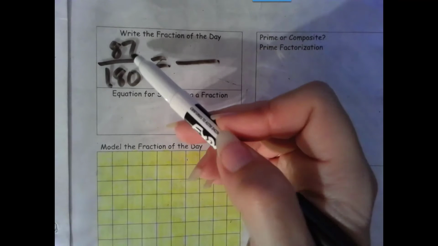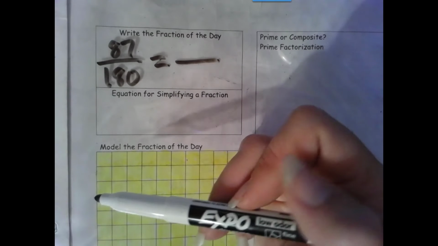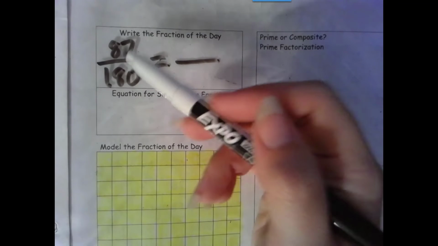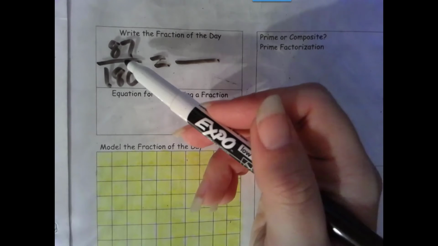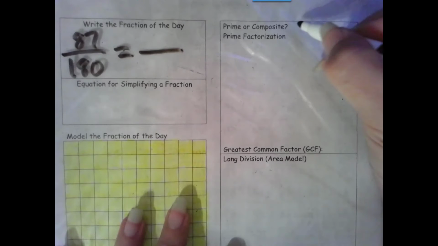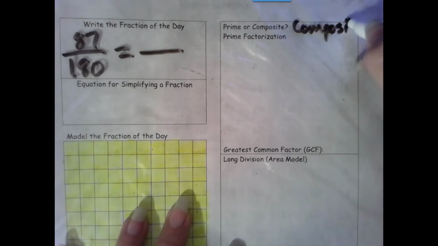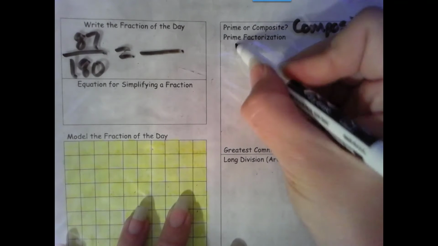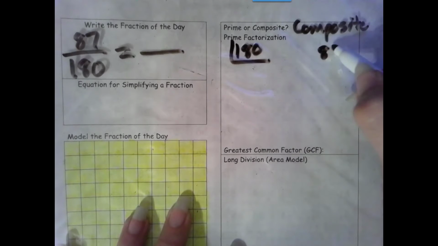But if I add the digits together, 8 plus 7 is 15. 15 is a multiple of 3, so that means 3 is a factor. So it has 1 as a factor, 3 as a factor, and 87. It has more than 2 factors already, so it is composite. If you're unsure, you can always check on your prime number sieve. But since it is composite, we're going to actually do our prime factorization for both.